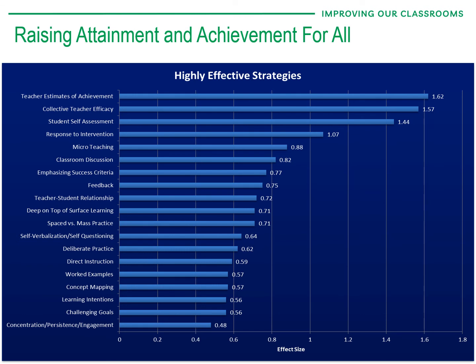So again, let's look back at highly effective strategies and considering Elmore's three main areas and how we can make a difference and improvement in our classrooms. As well as the teacher estimates of achievement, we can see 1.62 are a very, very promising return there for our pupils, and we consider Elmore's message around that.